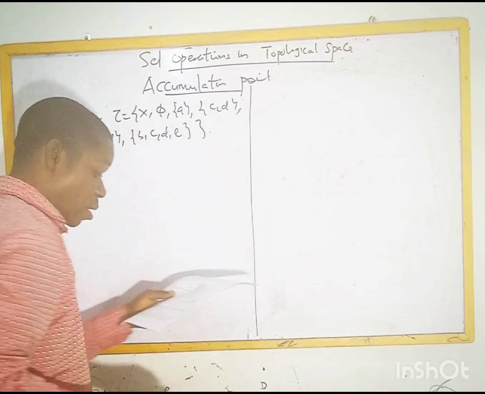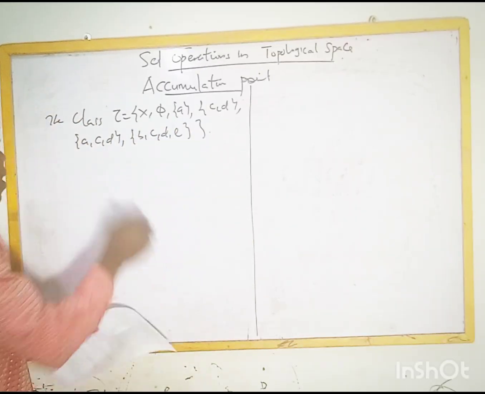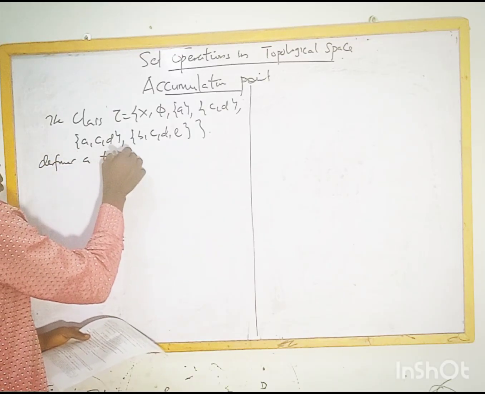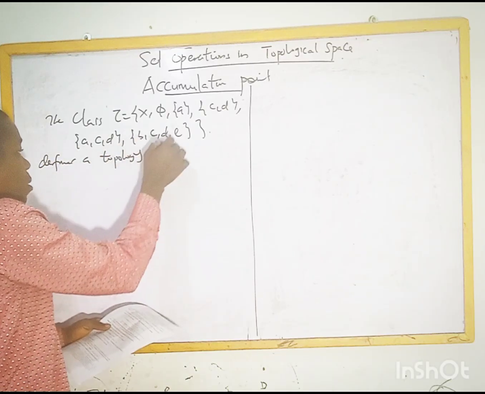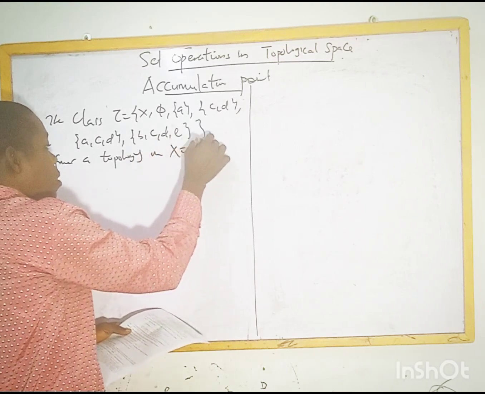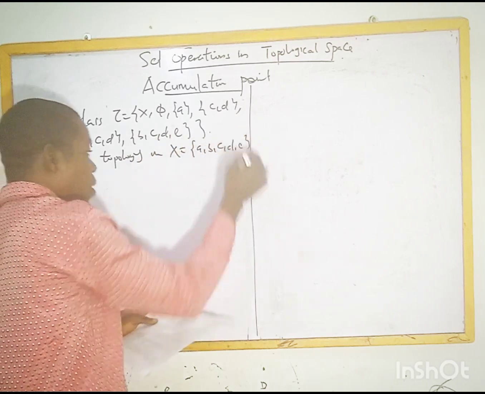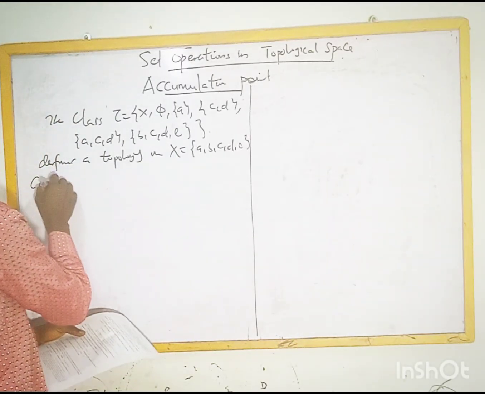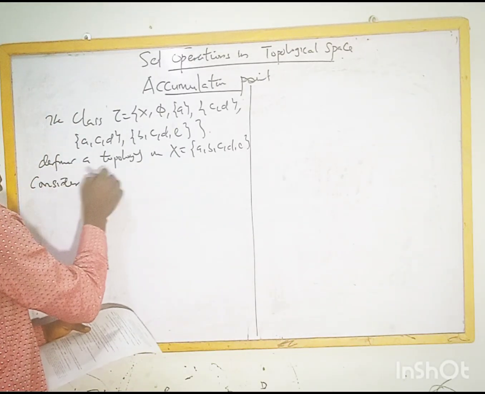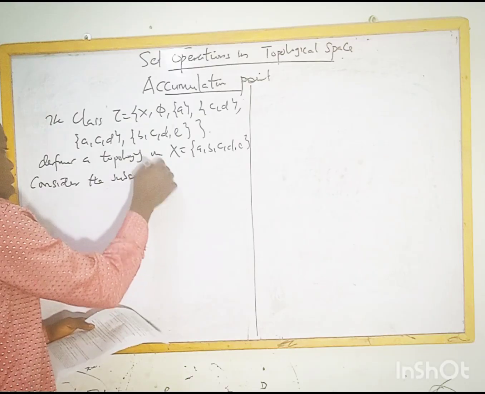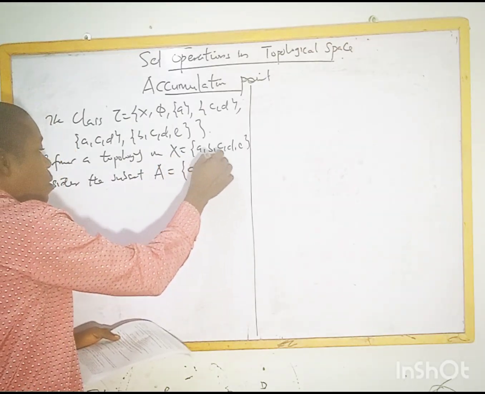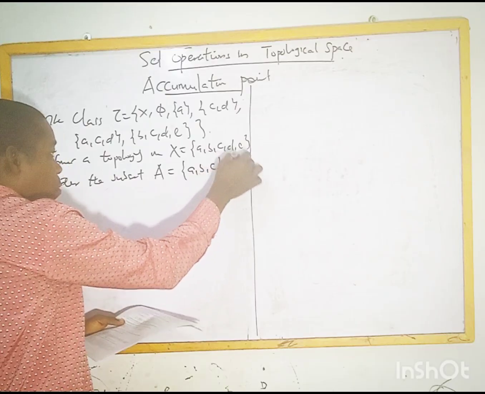So this is the topology that defines a topology on X, where X is {A, B, C, D, E}. Now consider the subset A, which is {A, B, C} of X.